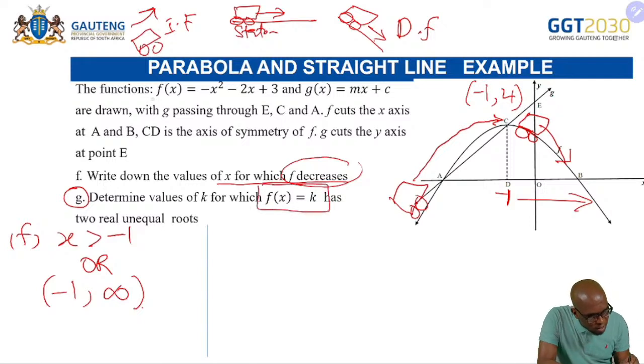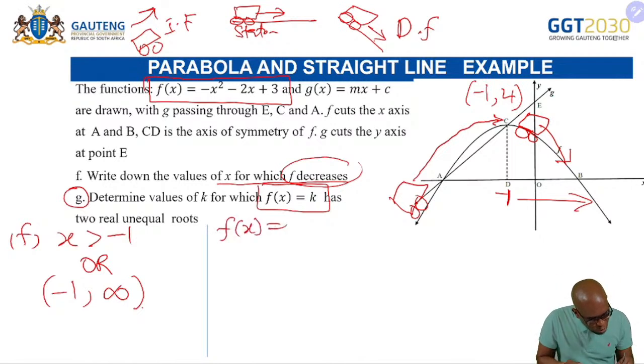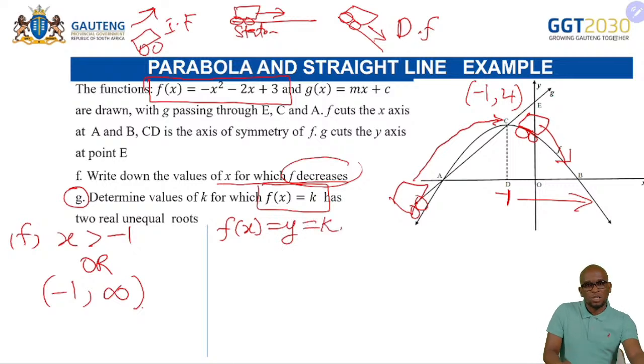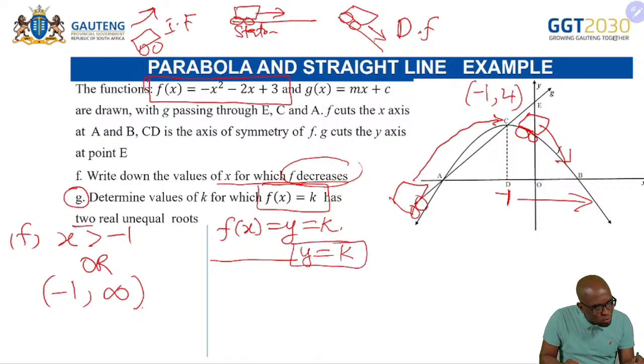If you relate that to the original function, remember f of x is the same as y. Where there is y, they are putting k, which means that we will be moving a horizontal line y is equal to k, such that we get what is intended in the question.